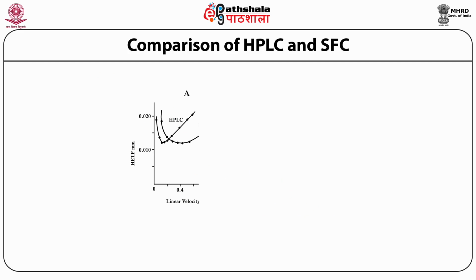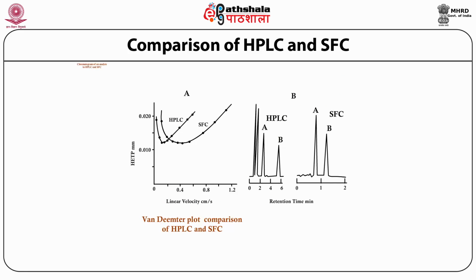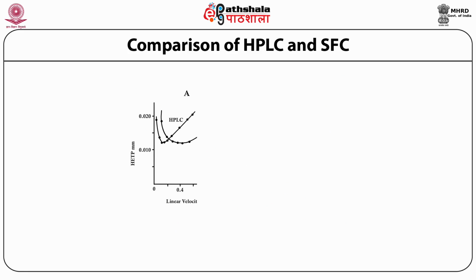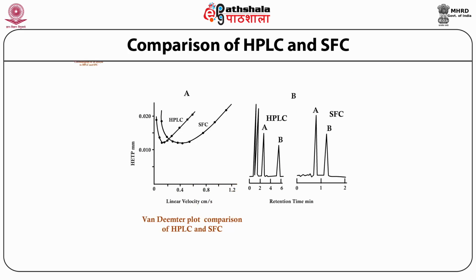Supercritical fluids have lower densities and viscosities than liquids. This facilitates the diffusion of solutes, and therefore solutes have large diffusion coefficients in supercritical fluids. Therefore, SFC has a greater efficiency at high linear velocity as compared to HPLC.